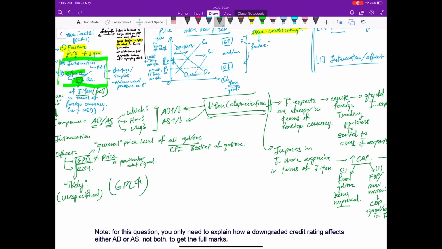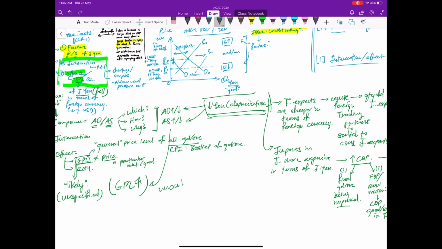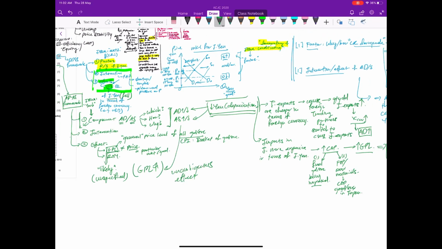Even if you do AD or AS, it doesn't matter, both will have this unambiguous outcome or effect on GPL. It is not always the case. Sometimes the AD and AS may be opposing each other in terms of the GPL. AD may shift such that GPL increase, AS may shift such that GPL fall. Then you have to weigh the extent whether AD or AS shifts to a greater degree. But for this particular example, they reinforce each other.